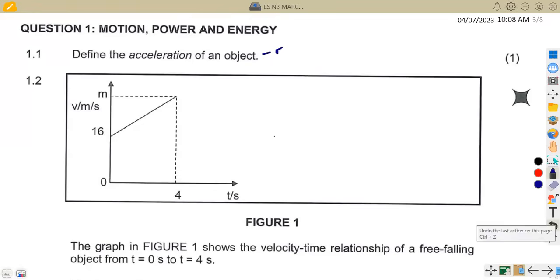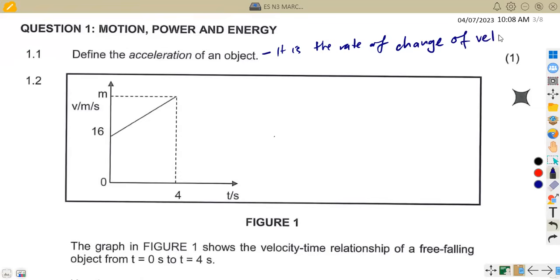So we can just say it is the rate of change of velocity. Acceleration is measured in meters per square second. Remember that acceleration is velocity over time.